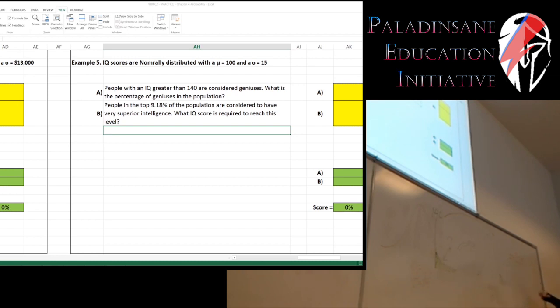So we plug in: our raw score is 140, that's the IQ, minus the mean, which is 100, all of that divided by the standard deviation, which is 15. So we've got 40 divided by 15, and that's 2.666666.